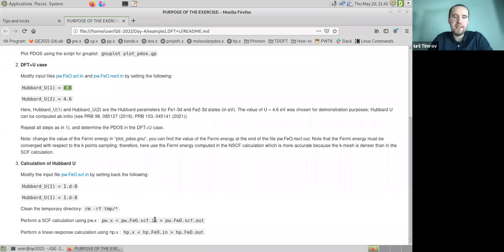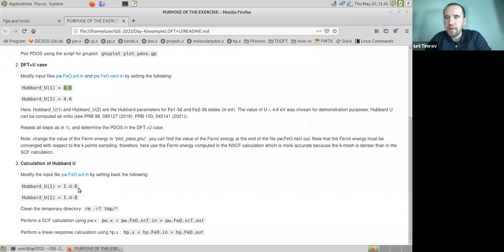If we repeat this step, we put in our SCF the value we just computed, 4.6. We redo the ground state calculation with DFT plus U, and we open a gap. So now our ground state is way better than before. Now we have an insulating ground state, which is much closer to the truth. Starting from this improved ground state, we compute again the Hubbard U, and you obtain something maybe 5 or 6 eV.